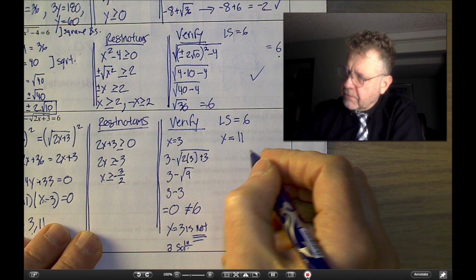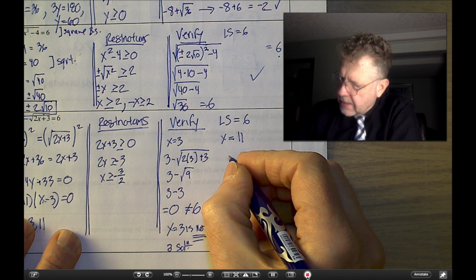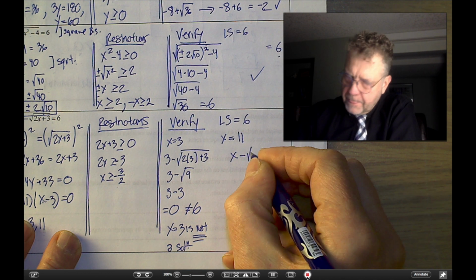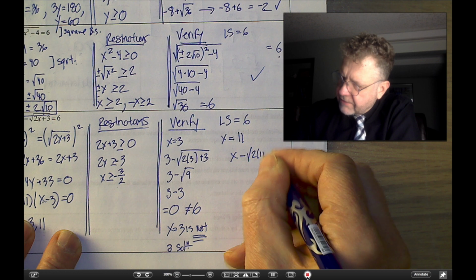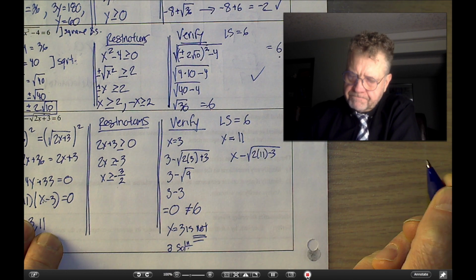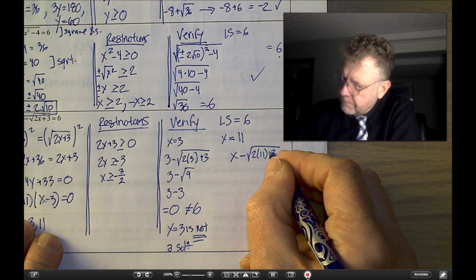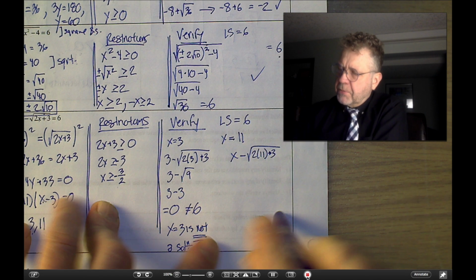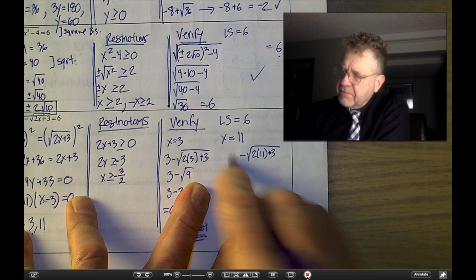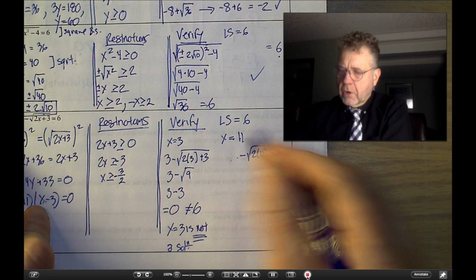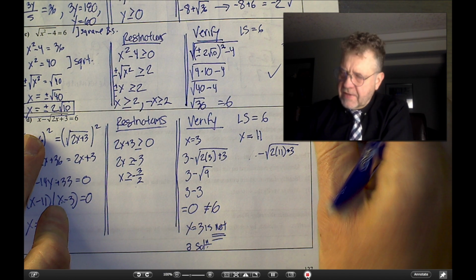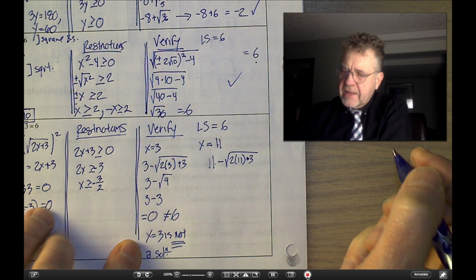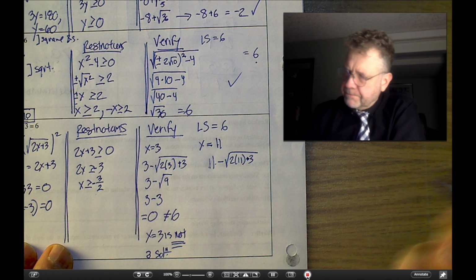All right, so when x equals 11, I'm going to get x minus the square root of 2 times 11 plus 3. And I should have said, I'm substituting 11 in for every instance of x. So there's an x here and an x here. So it should be 11 minus the square root of 2 times 11 plus 3. Cool.